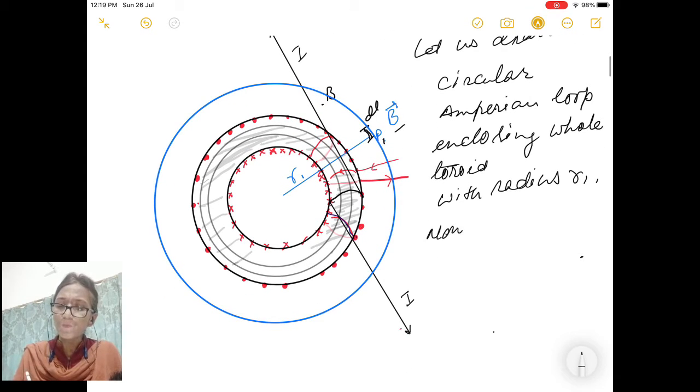Now at point P1 let us take a small length element dl.